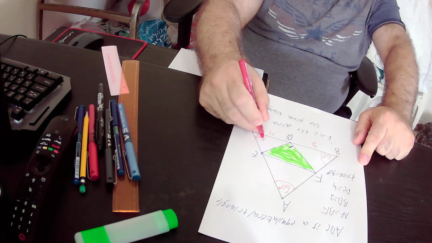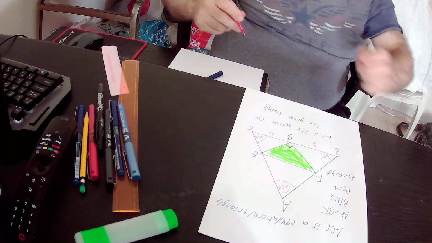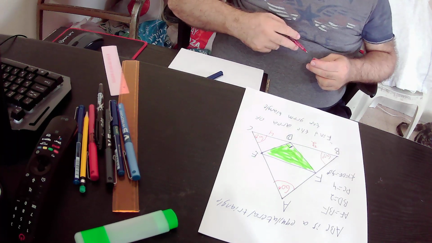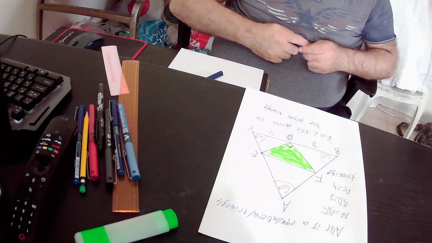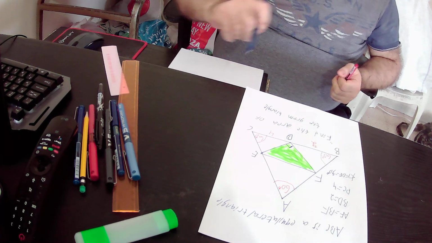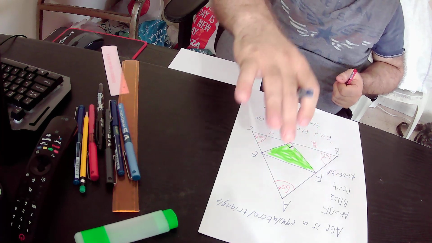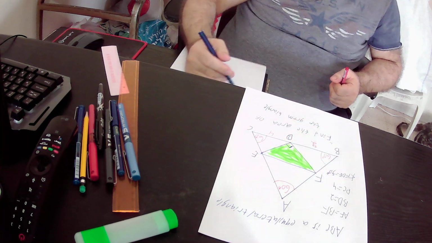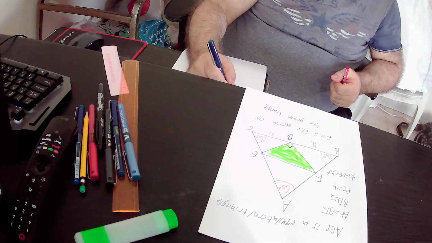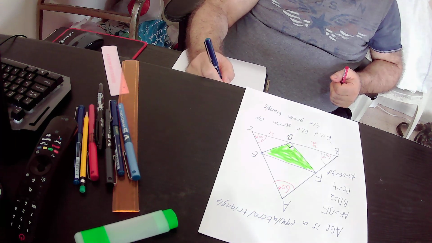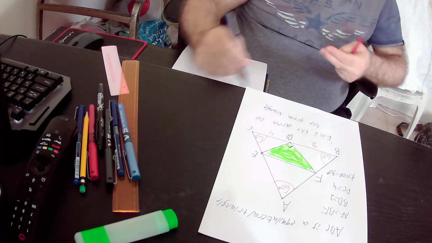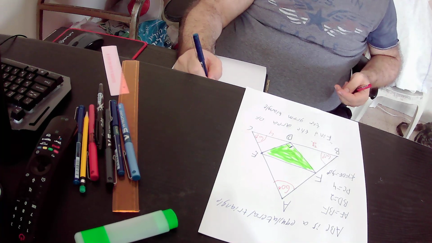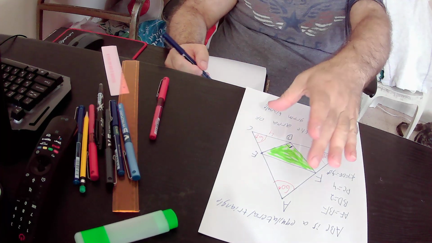And in an equilateral triangle, all the sides are equal to each other, so AB equals BC equals AC.